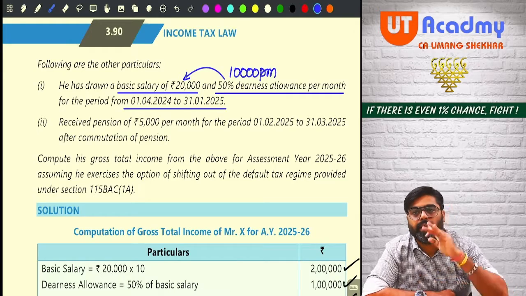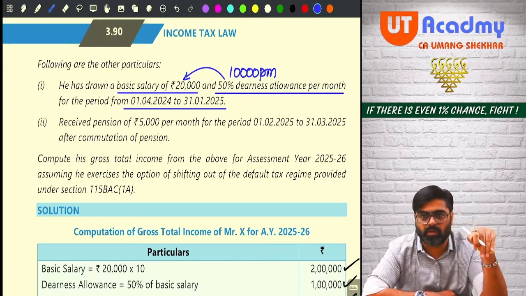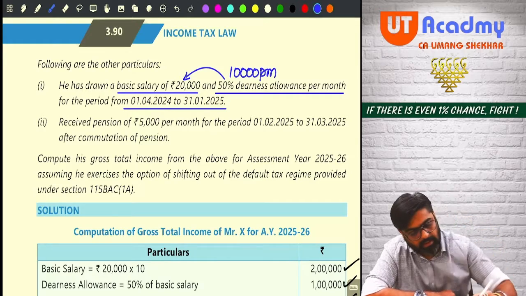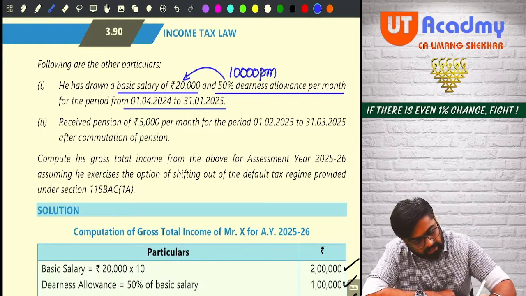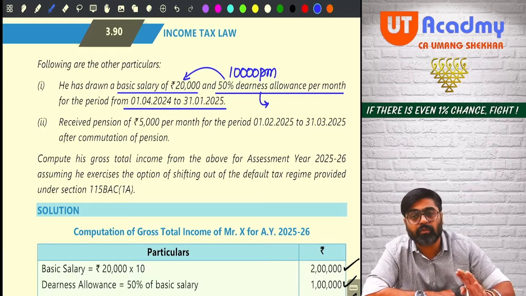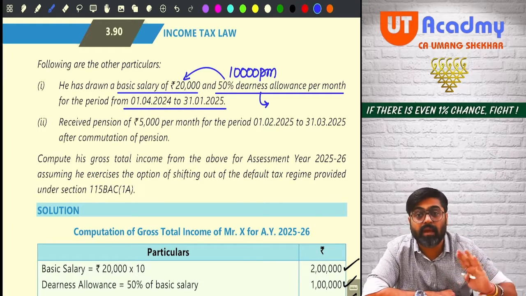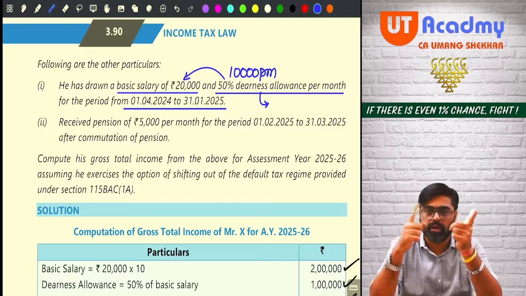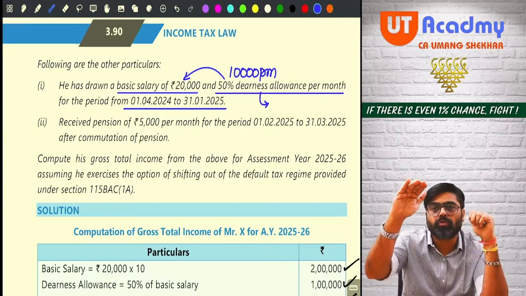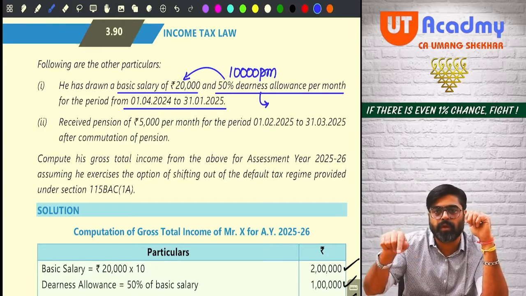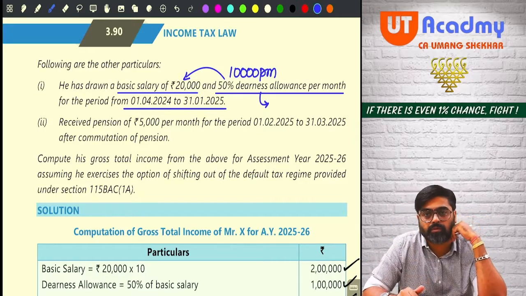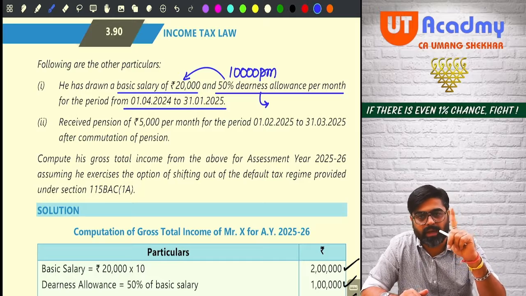Now see, in the answer which the institute has solved, they have assumed that DA is not in terms. They have assumed, because it is not given in the question whether DA is in terms or not in terms. So while solving the answer, the institute has taken an assumption that it is DA not in terms. Hello sir, but we will not take that assumption.